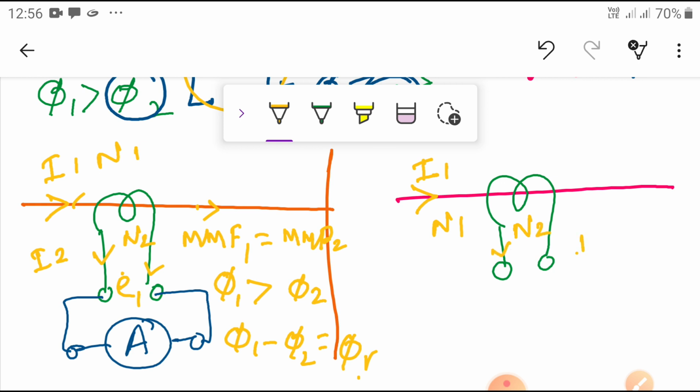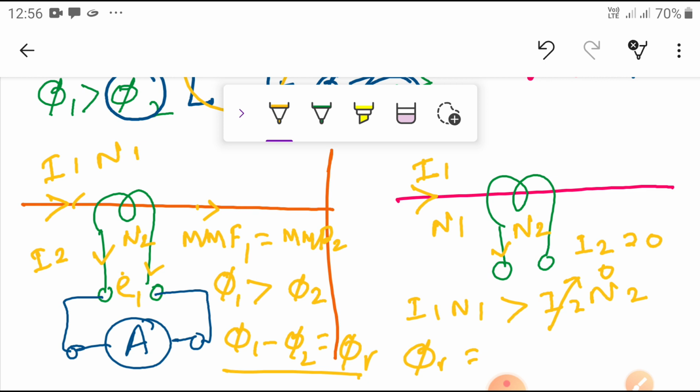Current I2 is equal to 0. The primary MMF, I1 N1, is greater than I2 N2. Now in this case I2 becomes 0. Then what will happen to phi r? The resultant phi r equals phi 1 only. This is a very high value.